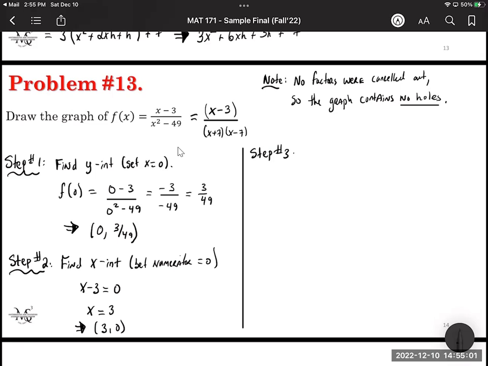Steps 3 and 4 is where I find my asymptotes. So I first find the vertical asymptote. How do I find the vertical asymptote? What do I do algebraically?